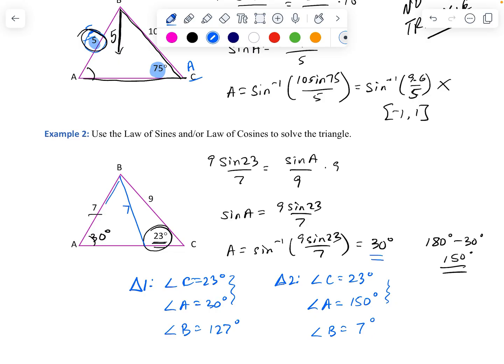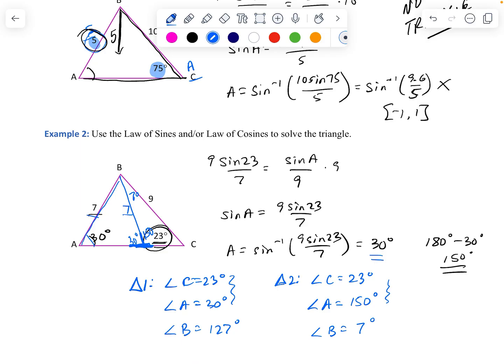Understand this is an isosceles triangle, which means that if this is 7 and this is 7, that means this is 30 degrees and this is 30 degrees, which means the angle to the right of it, its supplementary angle, is 180 degrees, a straight line, minus 30, or 150, making this third angle 7 degrees. So that's why there is a second triangle. It's like that GIF that I showed you, that arm kind of swung. So we have two triangles.